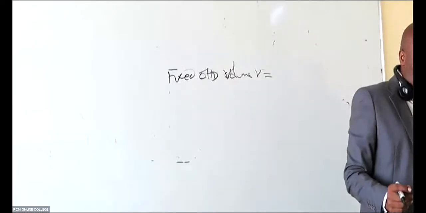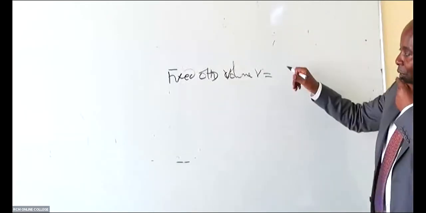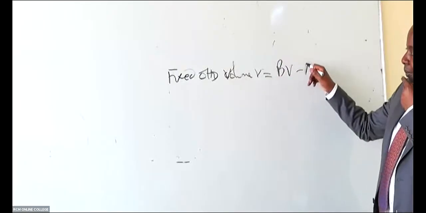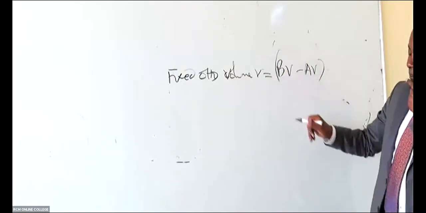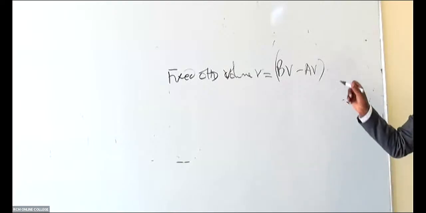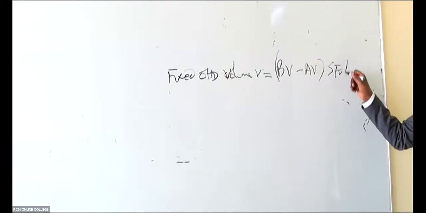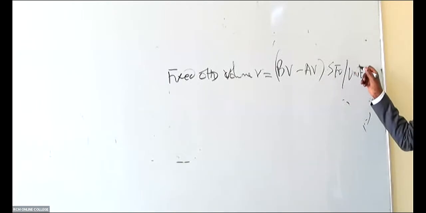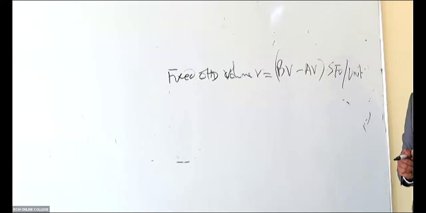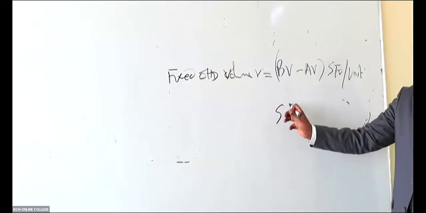We have budgeted volume minus actual volume, and then multiplied by standard fixed overheads per what here, somebody? Per unit. Could you kindly give me the standard fixed overheads?